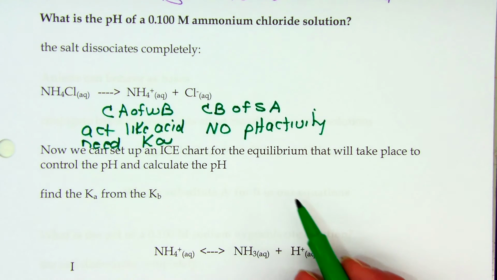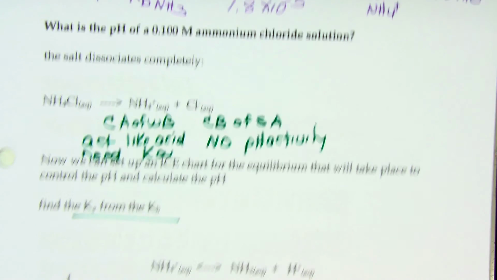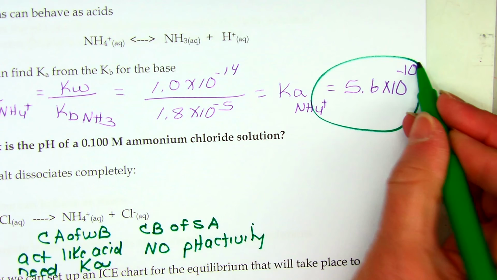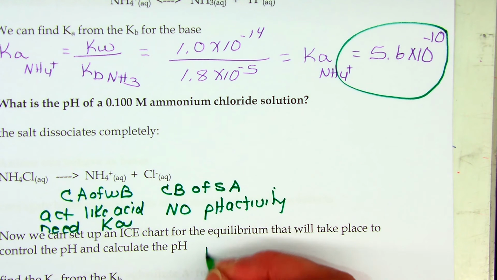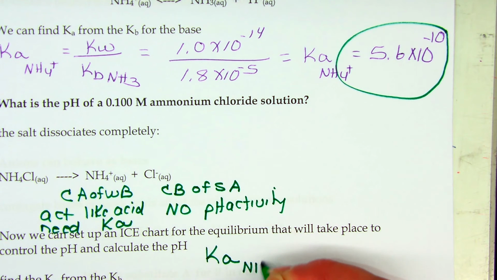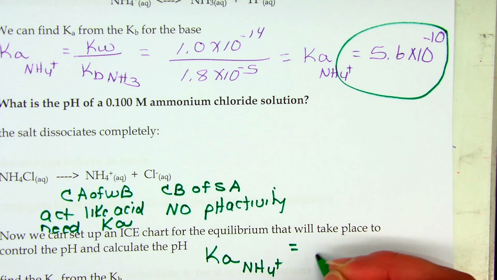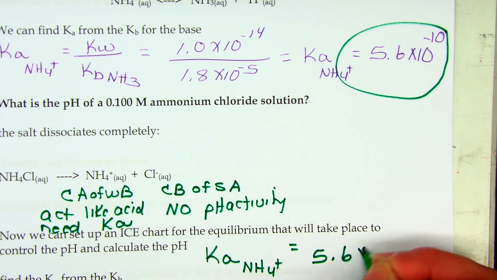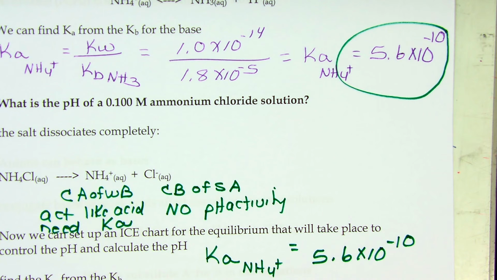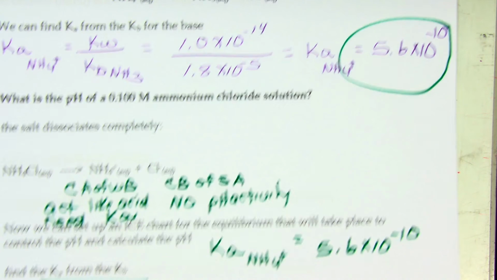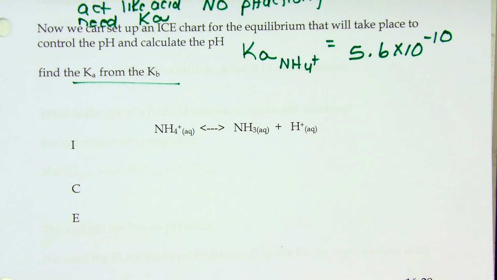So now we set up our ice chart, we find Ka from Kb, and we just did that up here. So the Ka for the ammonium ion is equal to 5.6 times 10 to the negative 10th. Now this becomes same old, boring math ice chart that we've been doing since chapter 15.